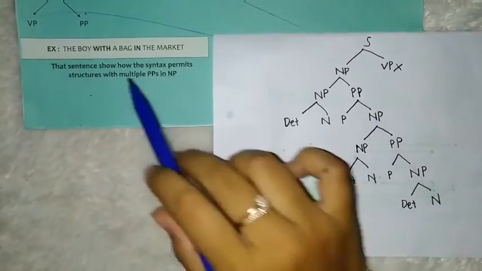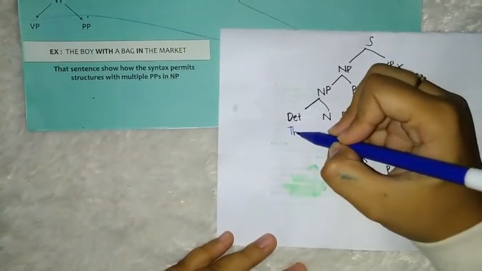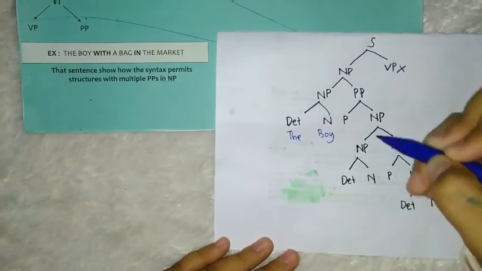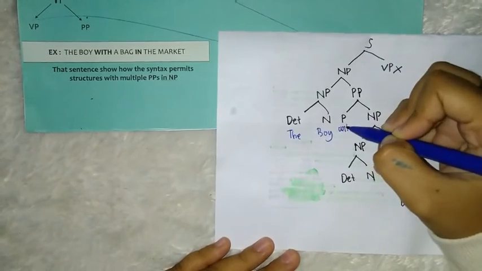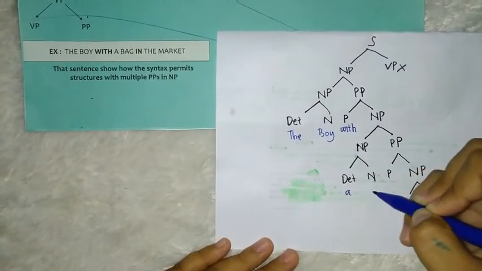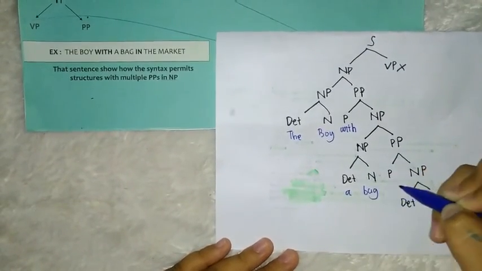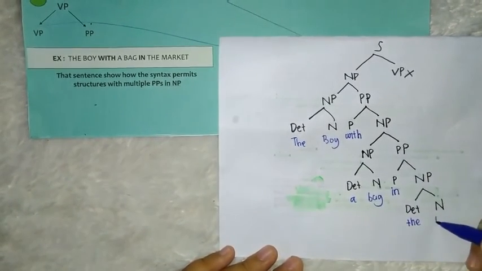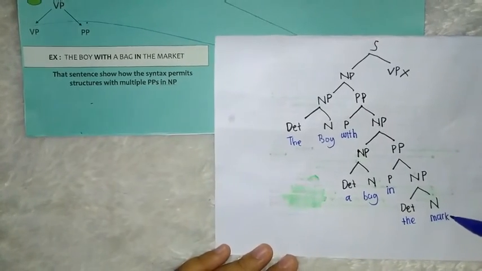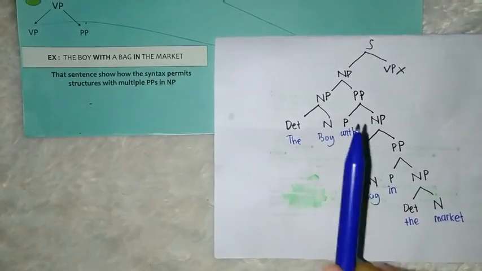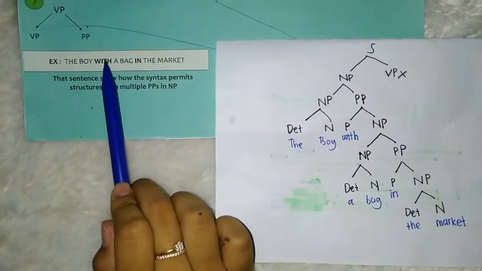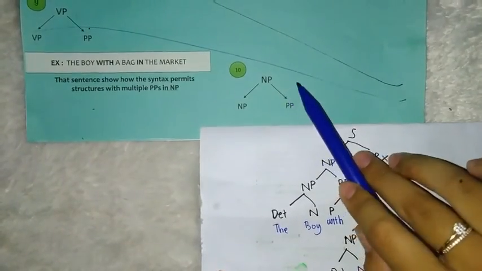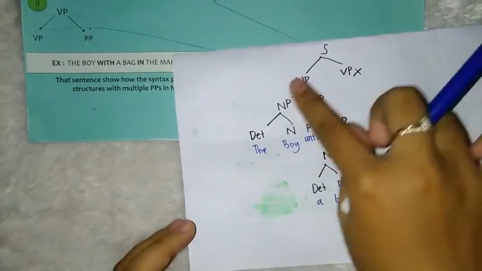So, into this example, the boy with a bag in the market. Same as before, we should count the prepositions first. We have two prepositions in here, so we need this formula 2, in this 3, in this 1.